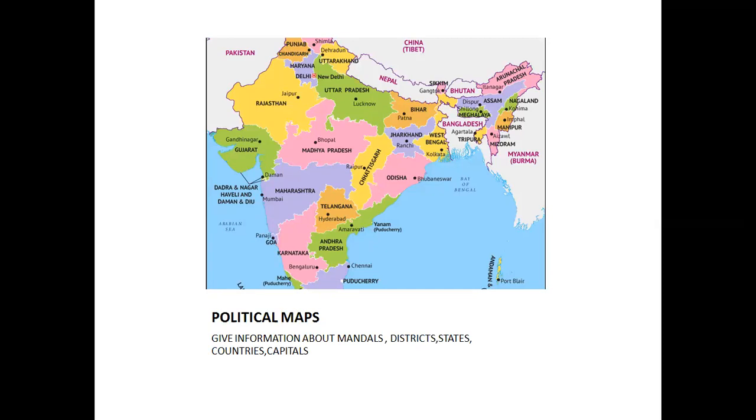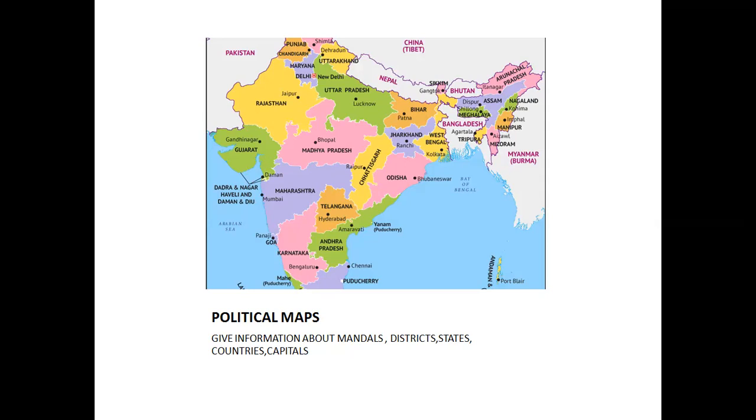Okay, this is the political map. This political map gives a lot of information about mandals, districts, states, countries, capitals. If we want to know about the capital of Madhya Pradesh, we can easily locate Bhopal, which uses a dark bold dot symbol.